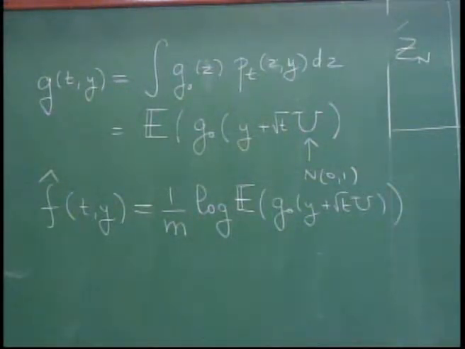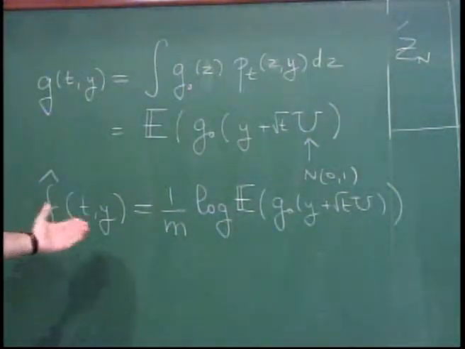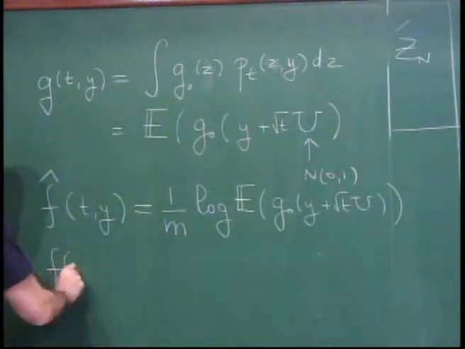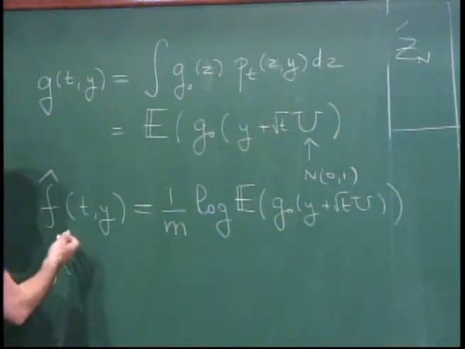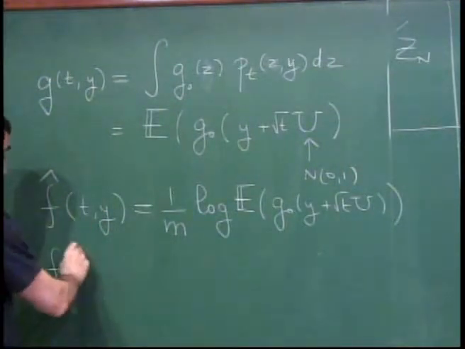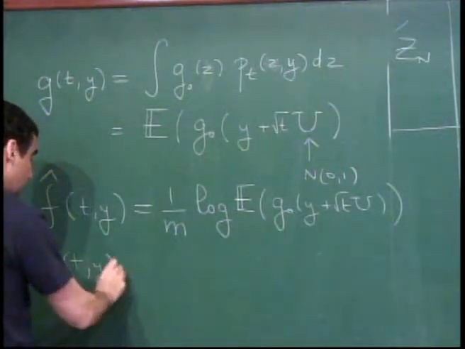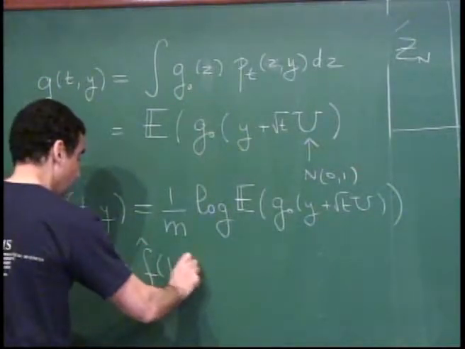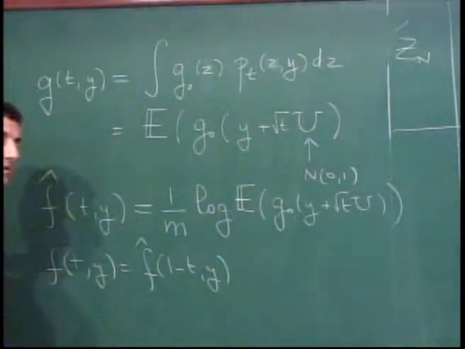Maybe this C was m. And now I know how to solve my f hat, so I know how to find my f. Because f is just f hat with time inverted. So 1 minus t, y of f is just this f hat of 1 minus t, y, which you can then solve here.